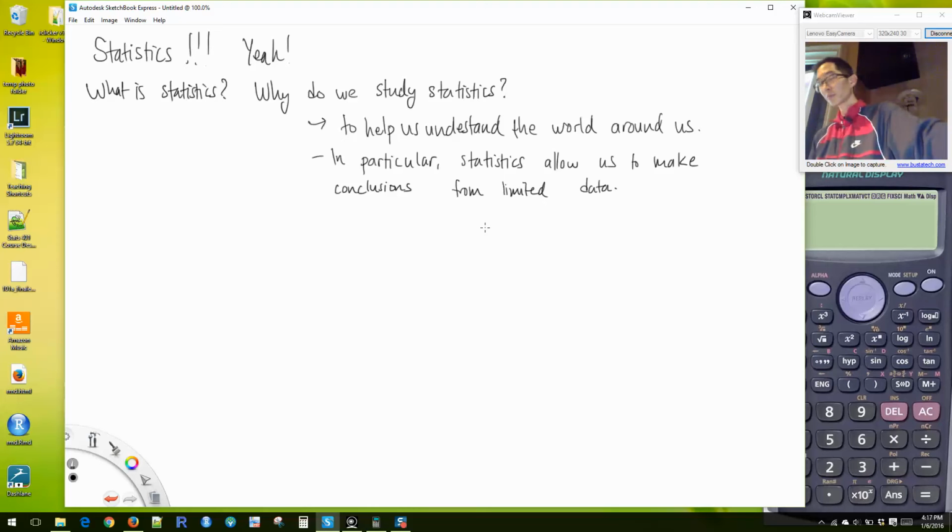Because really, almost all of our decision making is based on limited data, right? You know, should I break up with someone? You have to take into account what is going on. You can't tell what's going to happen in the future. You have to make a decision based on limited information. You don't know what the future holds. You don't know everything that's going to happen in life.